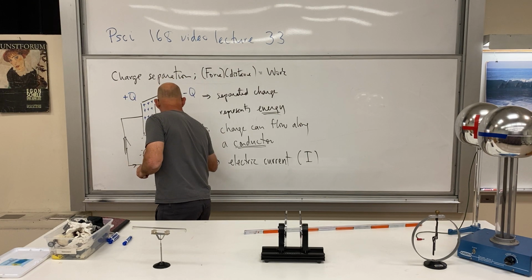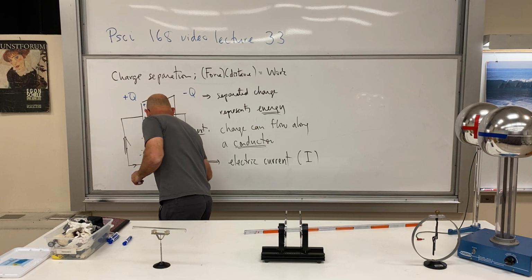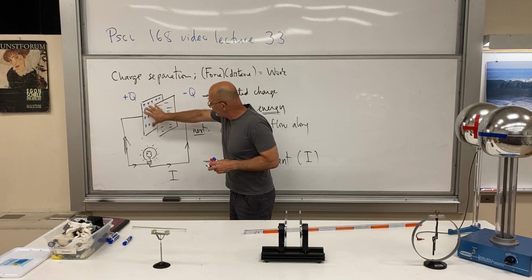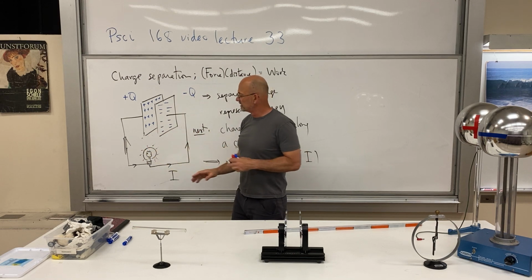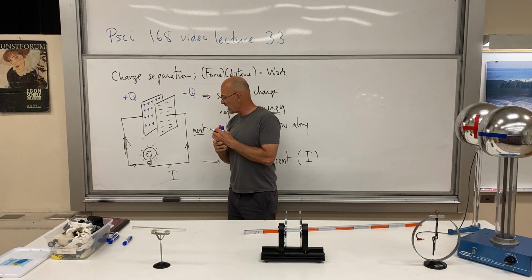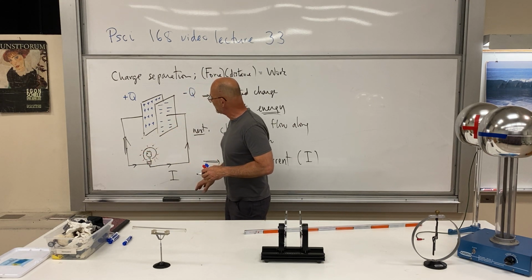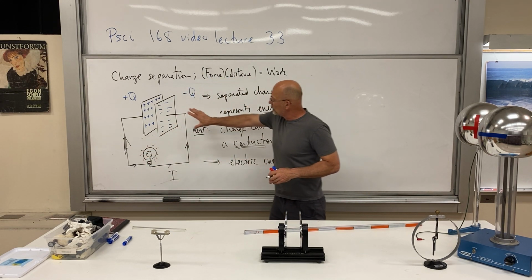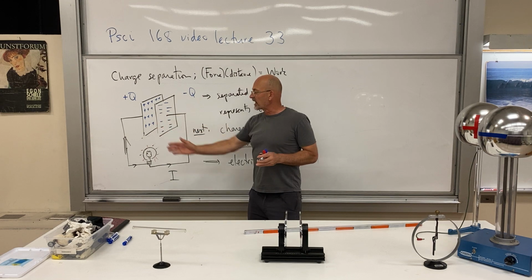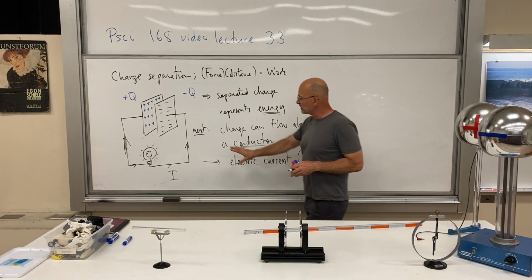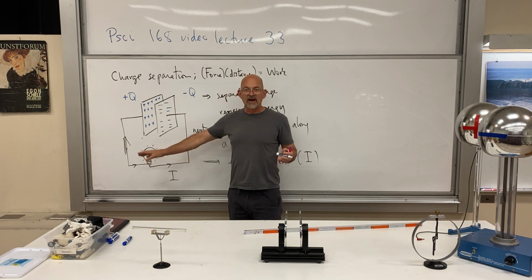Okay. So we get a current that flows, and at the point where these two plates are neutral, the activity has ceased. So current has flowed, the light bulb glowed for a moment, and when these two are neutral, there's no more charge separation, therefore there's no more energy stored, and that energy was then radiated out by the light bulb.